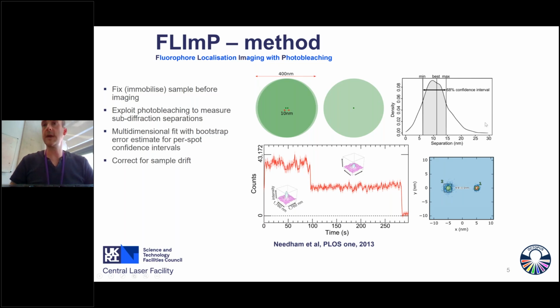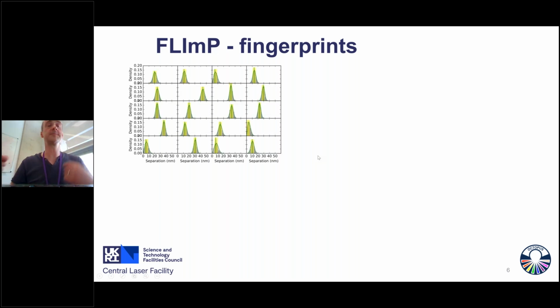In the data when we first developed this method, we had around 5-7 nanometer uncertainty, and we have to correct for the drift in the sample, which is an important part of the process. But the key principle of the method is fitting the profiles of photobleaching and the change between 1 and 2 molecules being present or fluorescing.